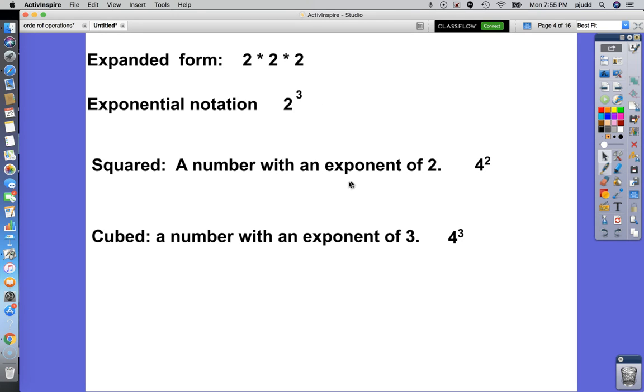Squared, a number with an exponent of 2. 4 squared, 5 squared, 100 squared. It tells you you're multiplying the base by itself 2 times. And cubed. Cubed means you're multiplying the base by itself 3 times.